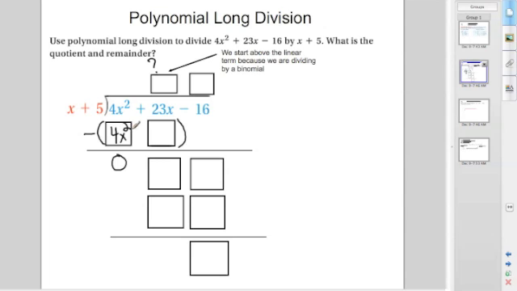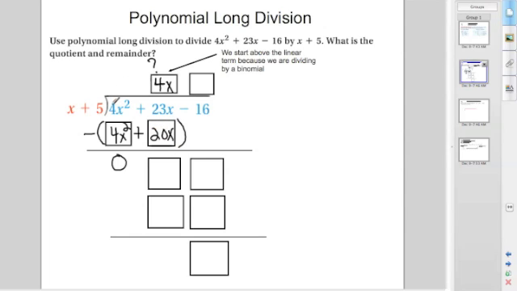The only thing that will give us 4x squared is 4x. Then we multiply. 4x times x is 4x squared. 4x times positive 5 is positive 20x.